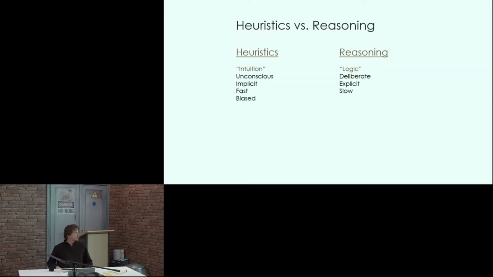So in general, it's tempting to focus more on logical reasoning and build practices and processes around it, and see intuition or heuristics as something unnecessary, or maybe even as a liability, because it's imprecise, it's biased.